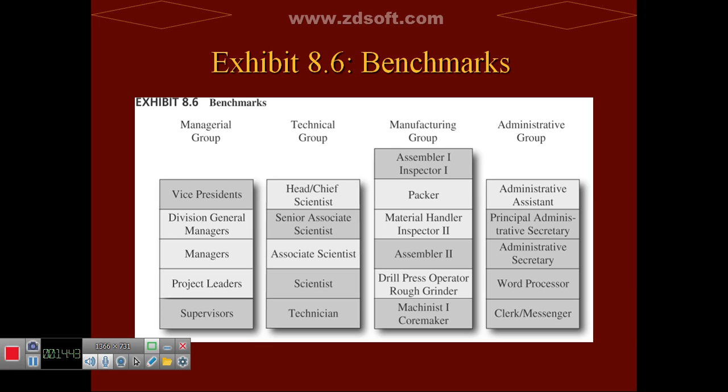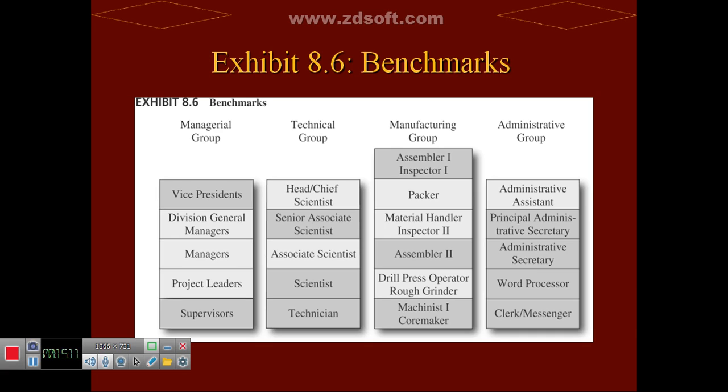Say if the company is trying to determine an externally competitive pay policy for employees who work on the technical side, then in the competitor companies, they try to gather information on these jobs regarding how much salary is paid for head or chief scientist, senior associate scientist, scientist or technician.